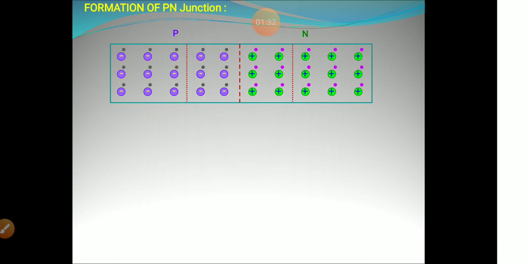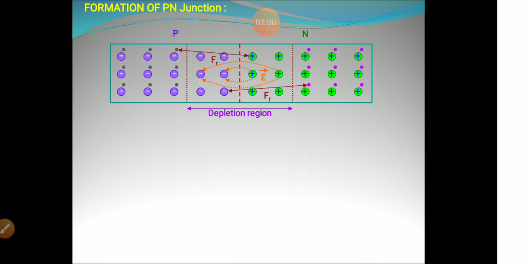Now holes from p side and electrons from n side try to diffuse through the PN junction due to the difference in concentration level or due to concentration gradient. So electron hole recombination takes place at the junction.